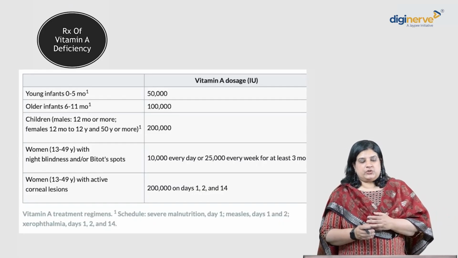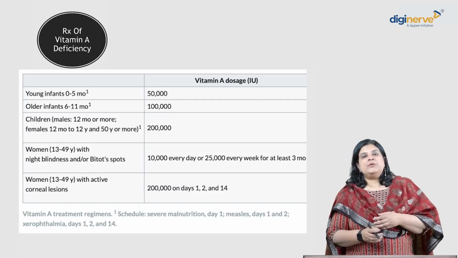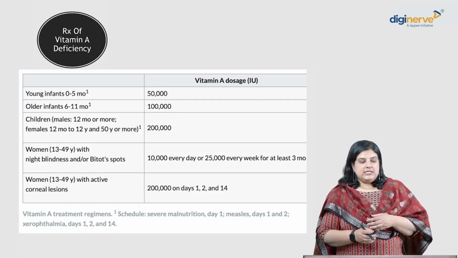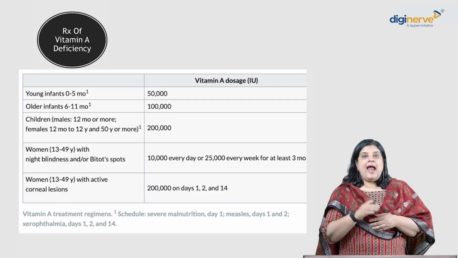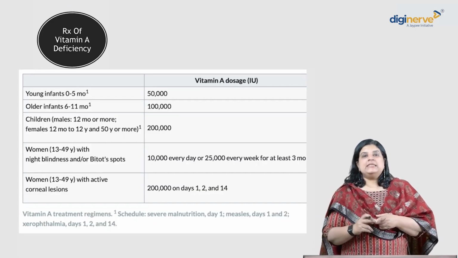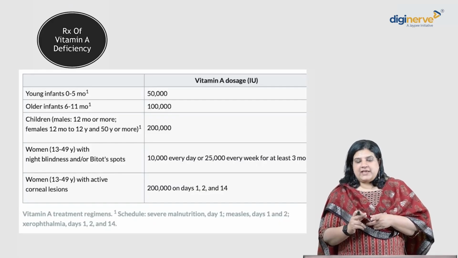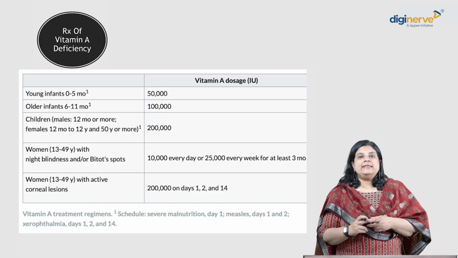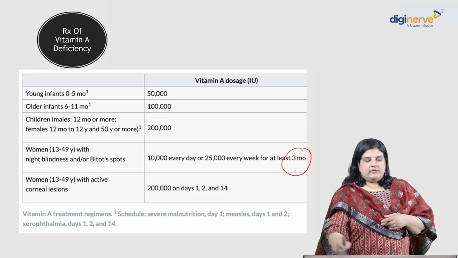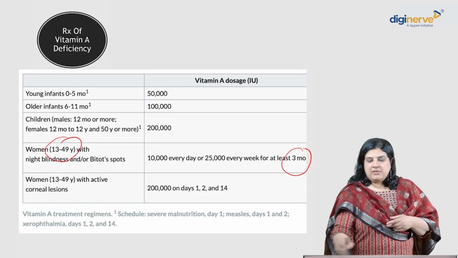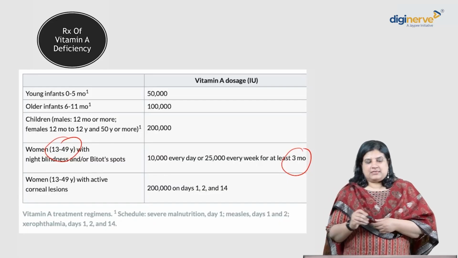2 lakh international units. For women between 13 to 49 years with night blindness and or Bitot spots, 10,000 units every day or 25,000 international units every week for at least 3 months. Remember, for adult women, at least 3 months.